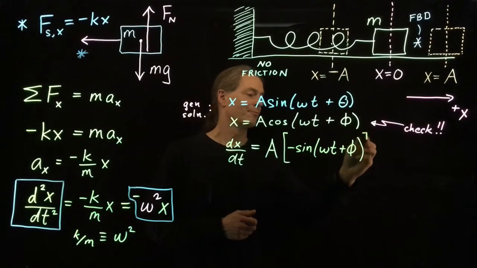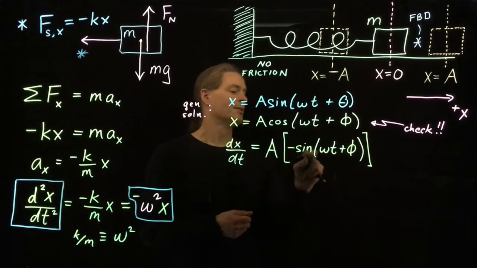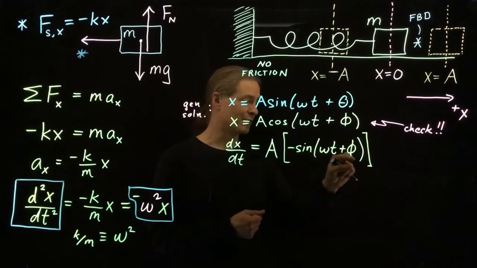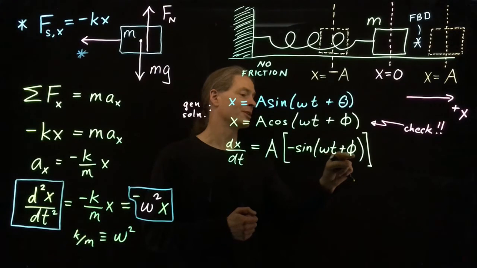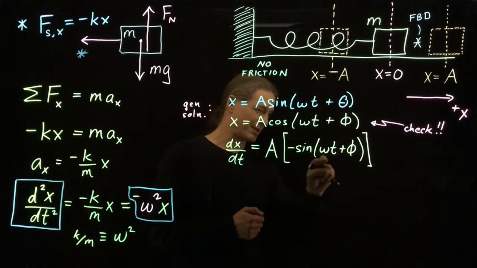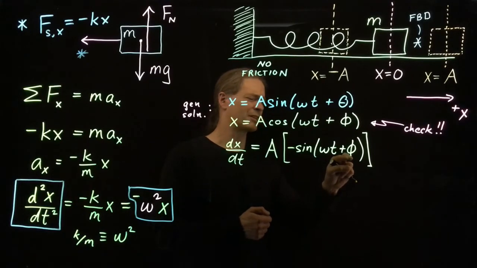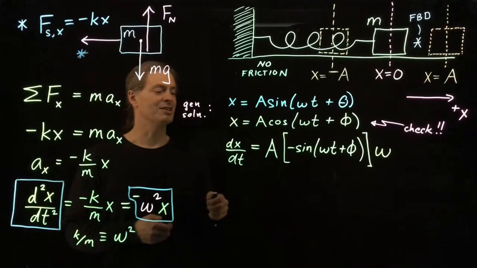Now, part of that derivative is finishing with the chain rule. So I have to also take the derivative of this function of t, omega t plus phi. Phi is a constant. Omega is a constant. The derivative of omega t plus phi with respect to t will just be omega. All right, so that's dx/dt.